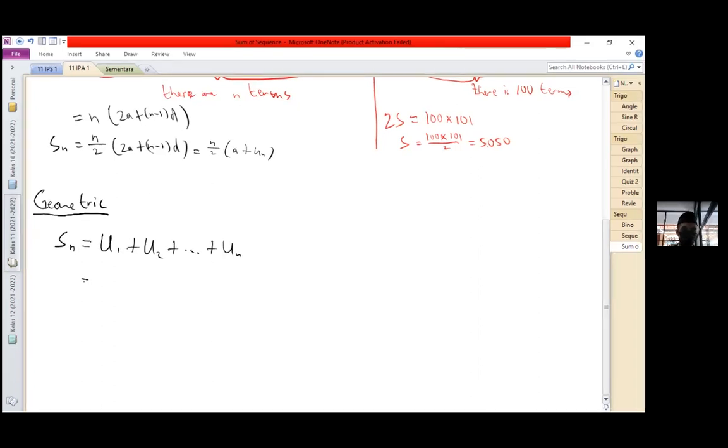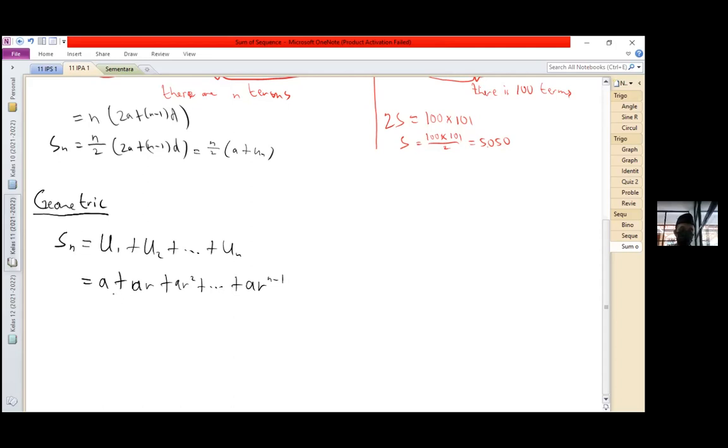And we know that in a geometric sequence, this is A plus AR plus AR squared, and so on, until AR to the power of n minus 1. So this is what we get if you expand the series.